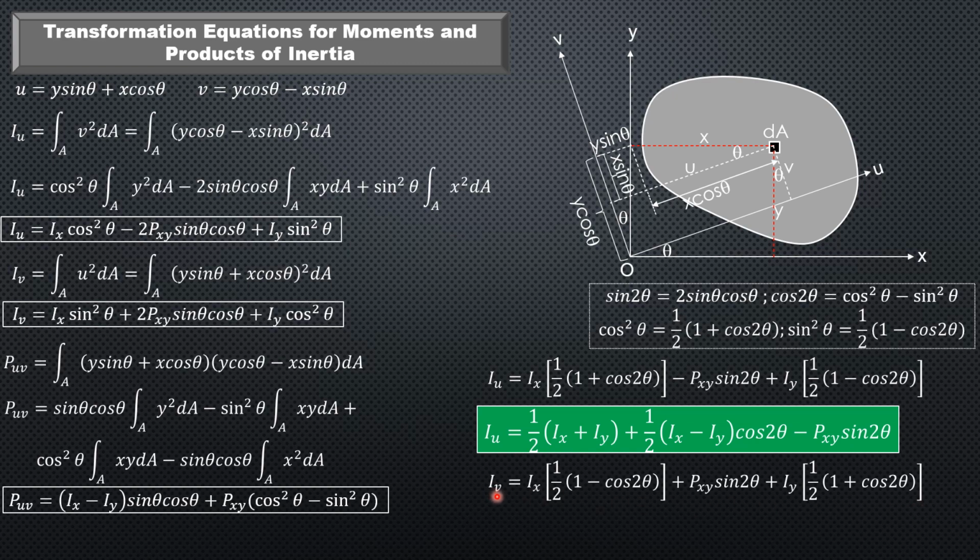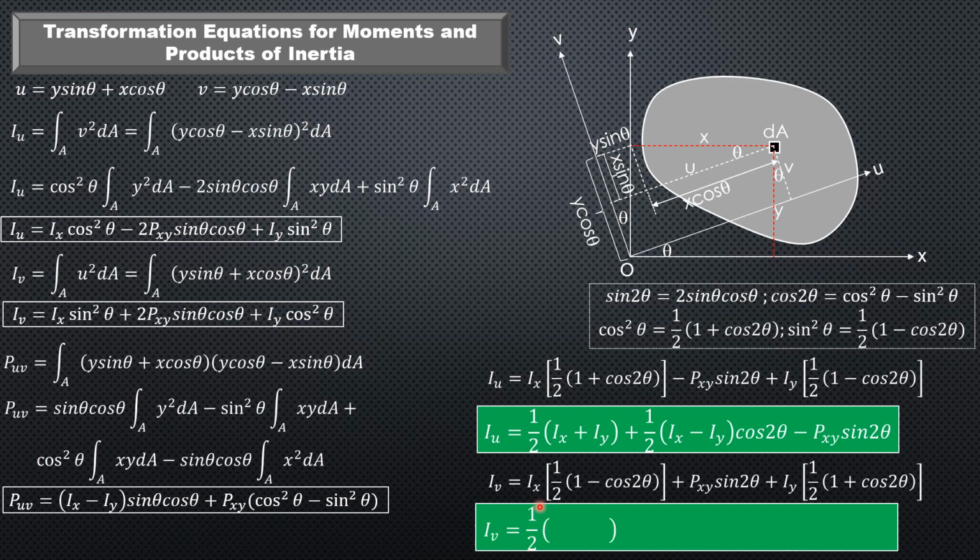So therefore, I sub v is 1/2 Ix plus 1/2 Iy, or 1/2 of quantity Ix plus Iy, then minus 1/2 of Ix cosine 2 theta, and plus 1/2 Iy cosine 2 theta, so I sub v is 1/2 of quantity Ix plus Iy minus 1/2 of quantity Ix minus Iy cosine 2 theta, then plus Pxy sine 2 theta.